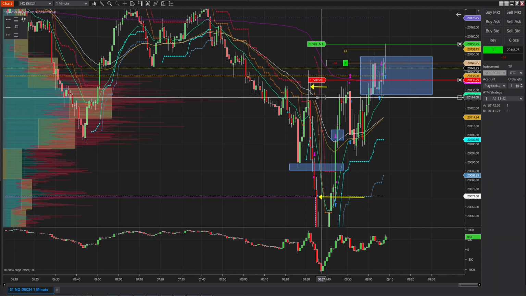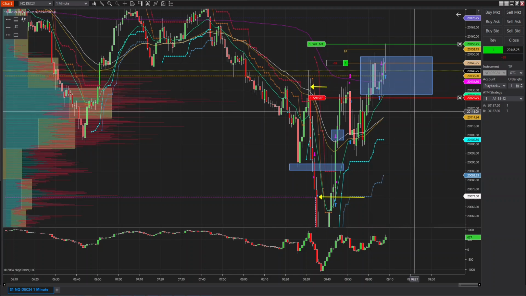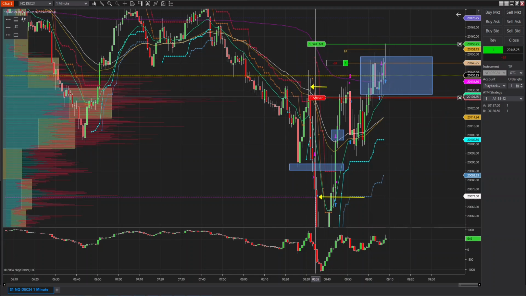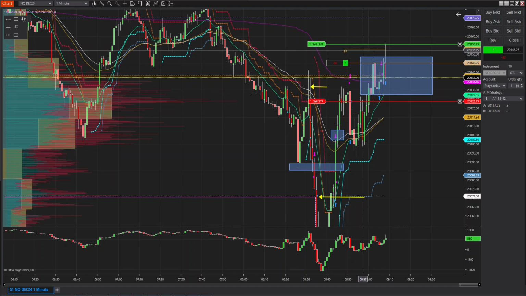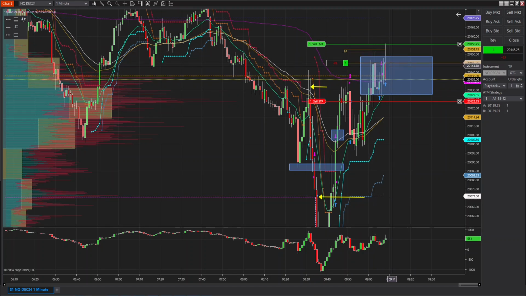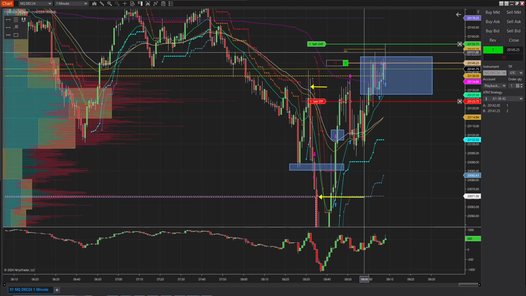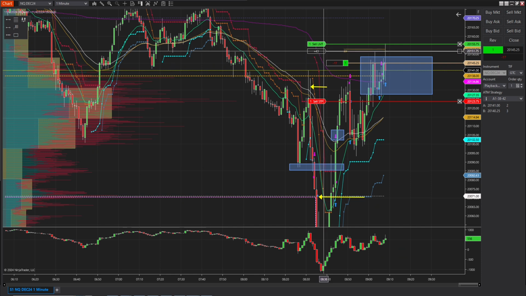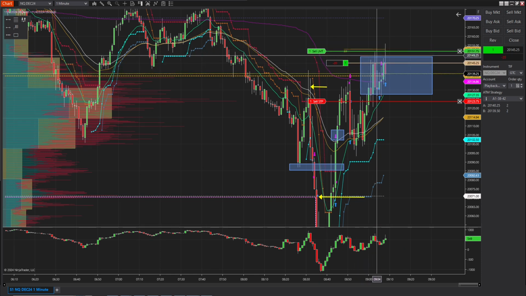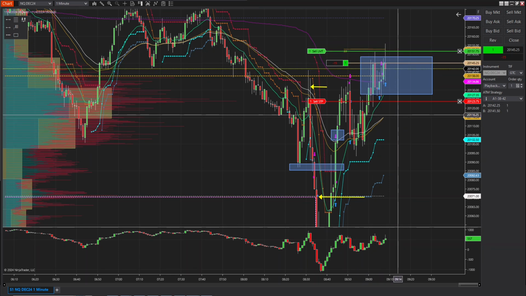Then I need to give it a little more room, because this breakout could be a failed breakout. From that point of view, this was very aggressive, and I may have been a bit too early, especially with this pivot point acting as a resistance.